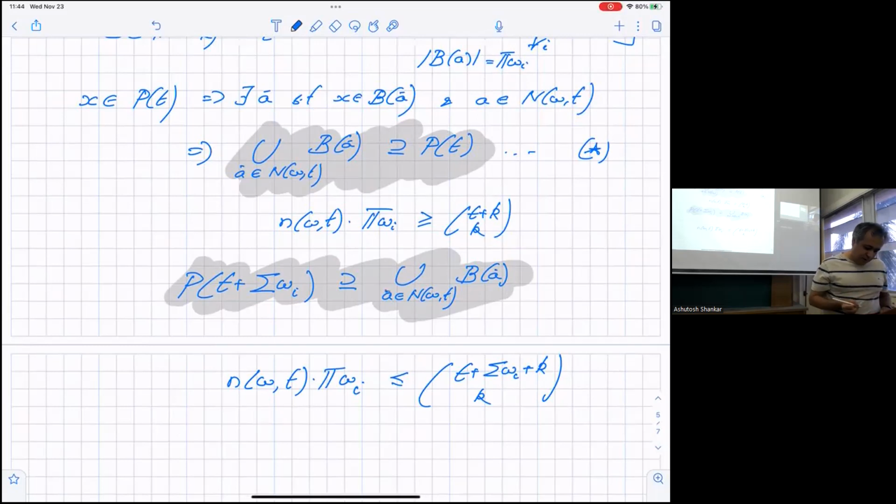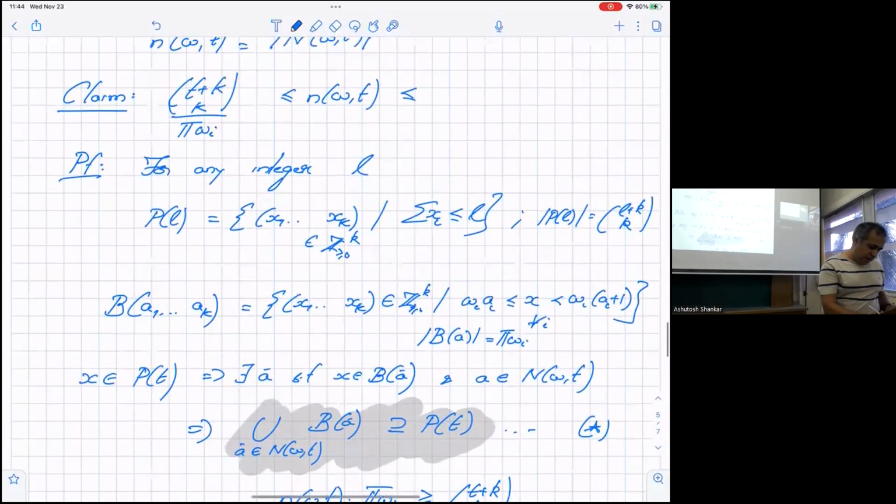Dropping the weights completely, that's the direction I have: (T plus summation w_i plus k choose k).